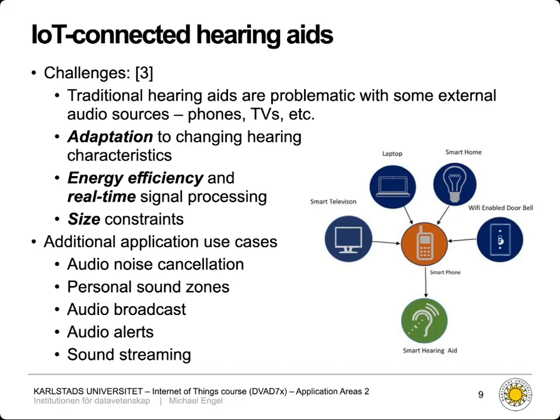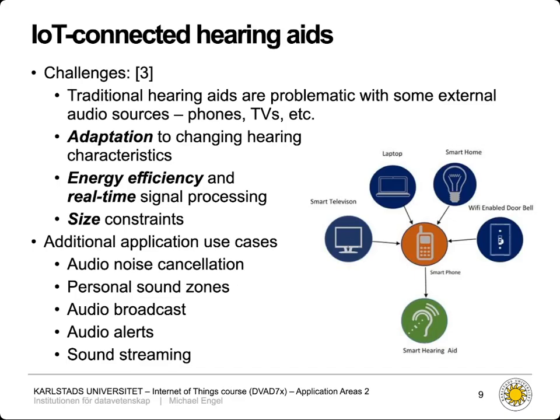And the nice thing about this is if you build an IoT connected hearing aid, you can actually have additional information. So very many headphones already provide audio noise cancellation. You can have something like personal sound zones. So, for example, you don't want to be disturbed or the sound is turned down when you're in a special room in your device.